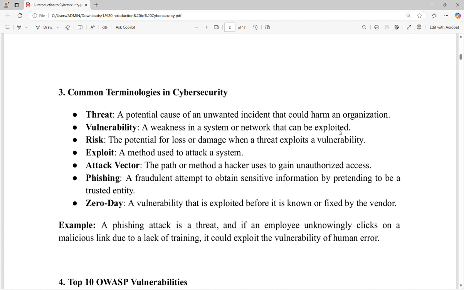Risk is the potential for loss or damage when a threat actor exploits a vulnerability.